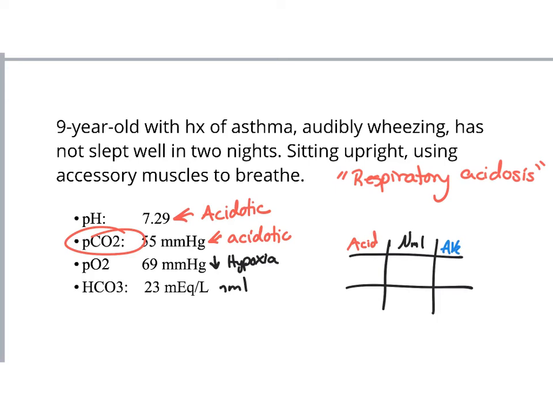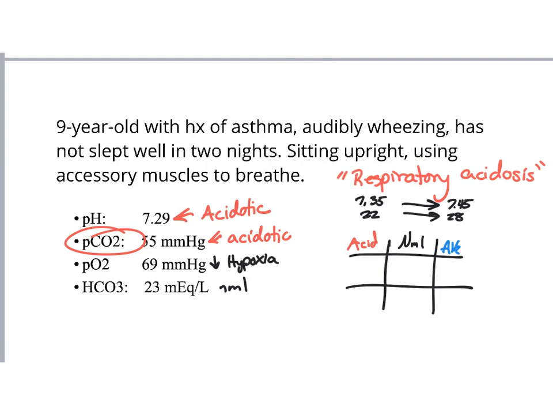If it helps you remember, you can even write in your normal values. So for example, I know that my pH needs to be 7.35 to 7.45. I know my bicarbonate needs to be 22 to 28.